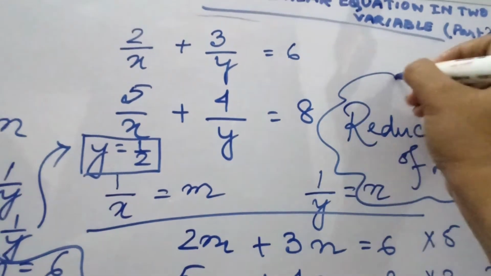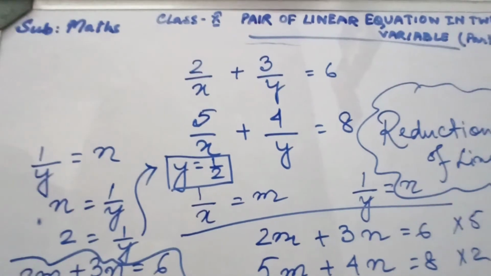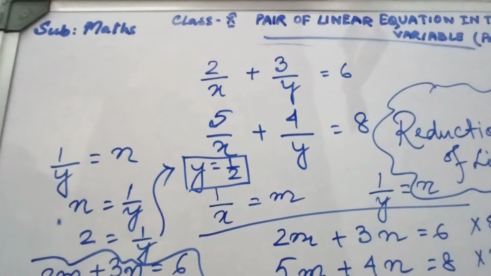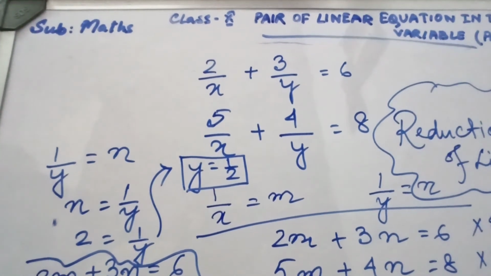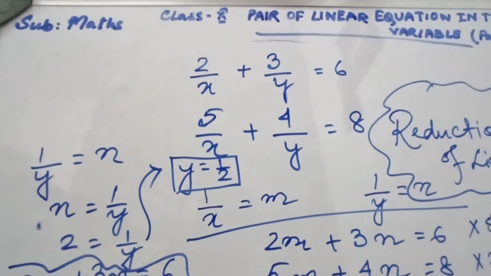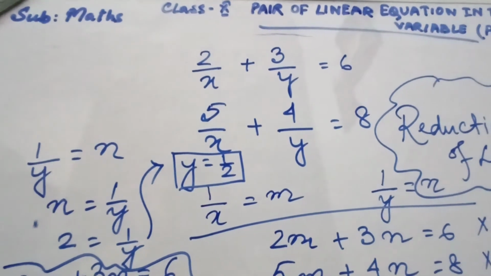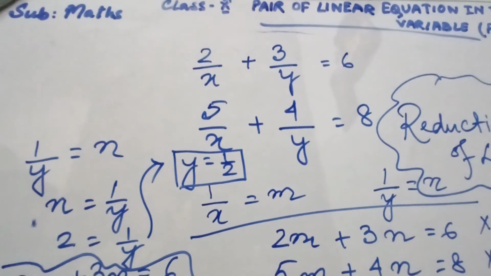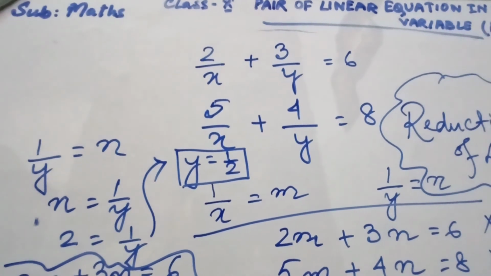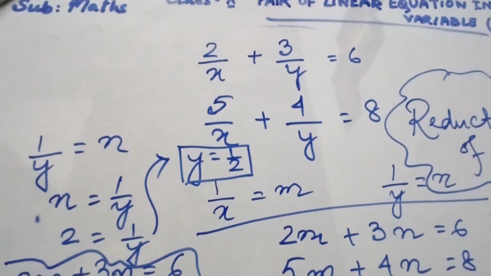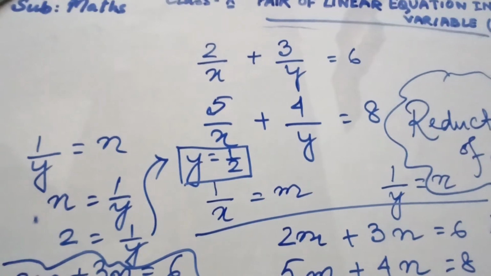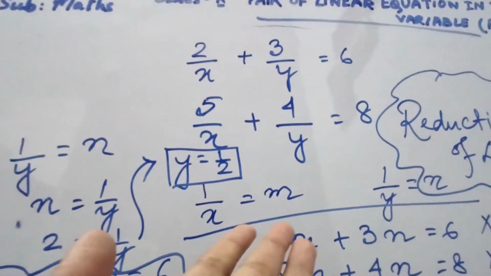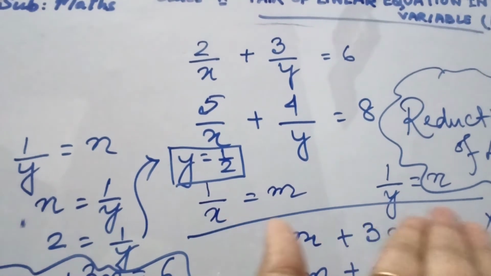So whatever the case, if the variables come in the denominator part, what you have to do is take another variable and assign the reciprocal 1 by that variable to it, and similarly for the next variable, as I have taken here m and 1 by y as n.